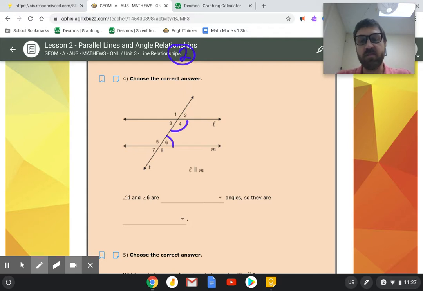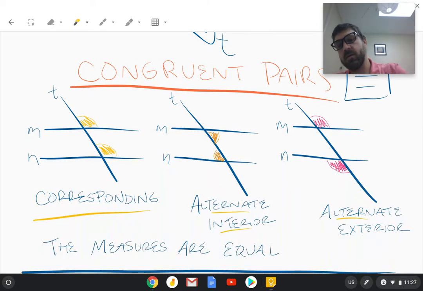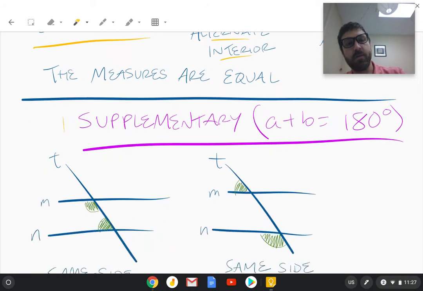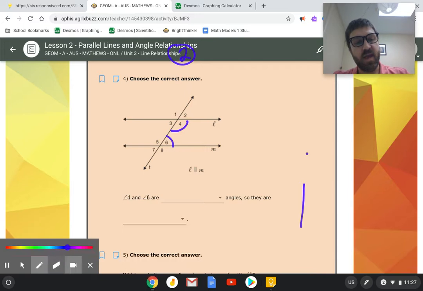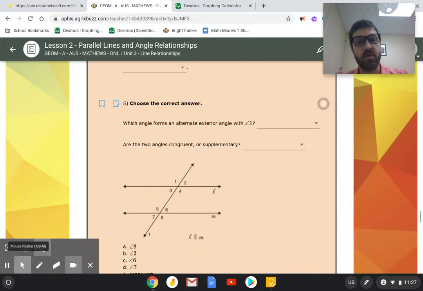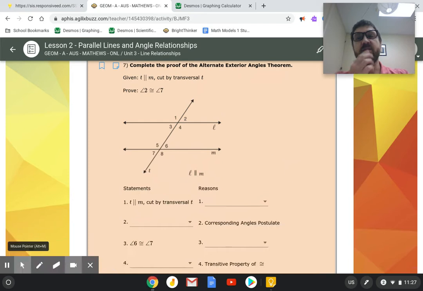So your first answer is one of the categories here. The second is the big category, either congruent or supplementary. And that's what you do for 3, 4, 5, 6. Starting in 7, we have a proof.